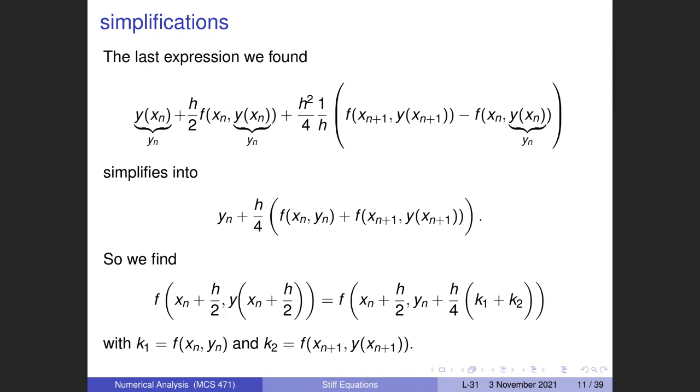Why is that now useful? Because we can write this expression in terms of the earlier function evaluations k1 and k2. K1 is used in the modified Euler method.